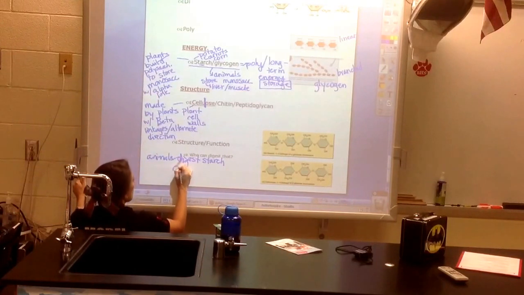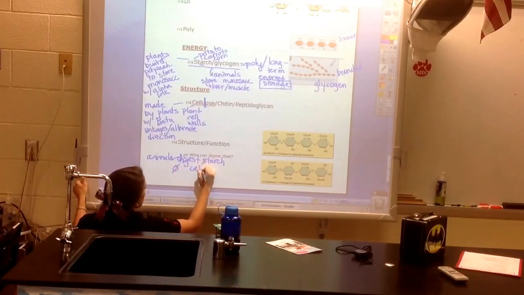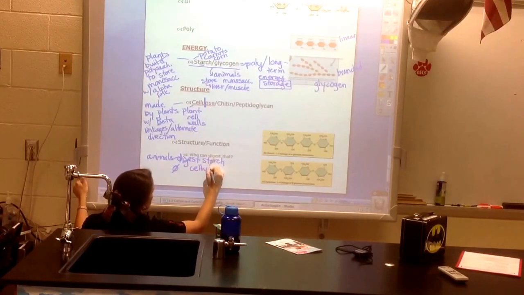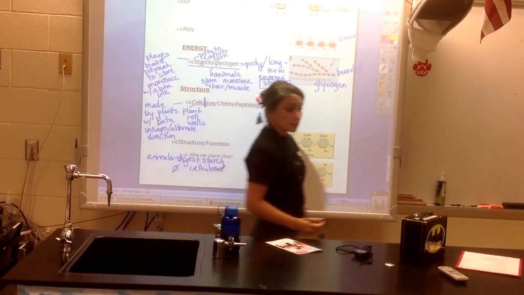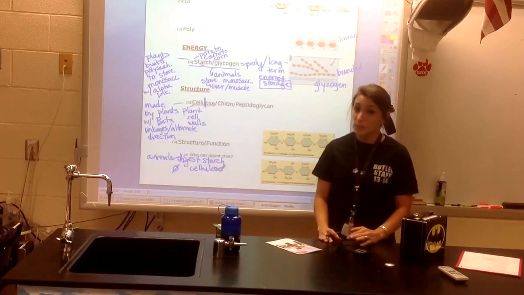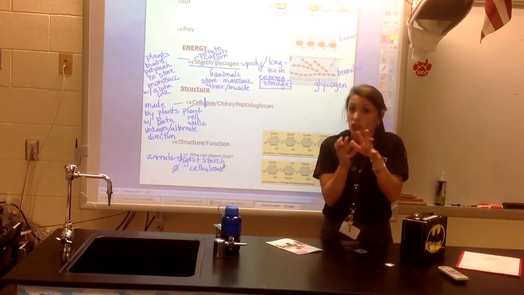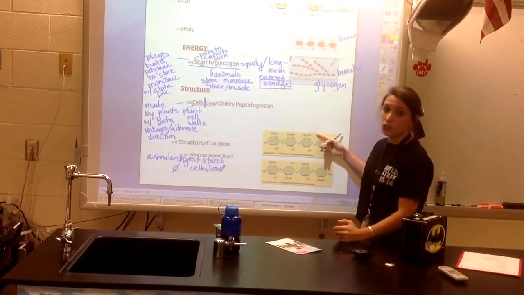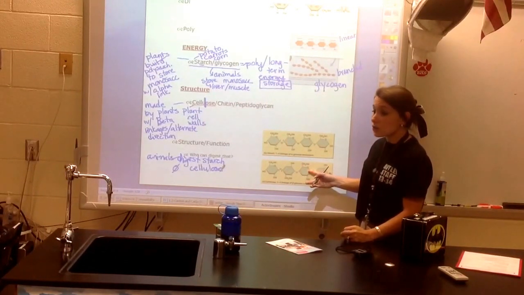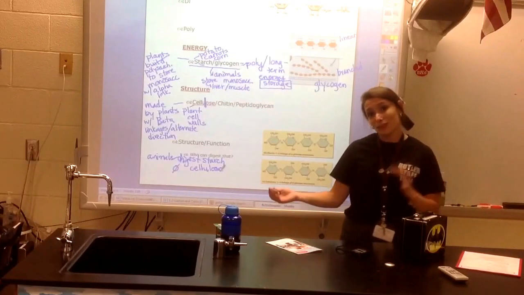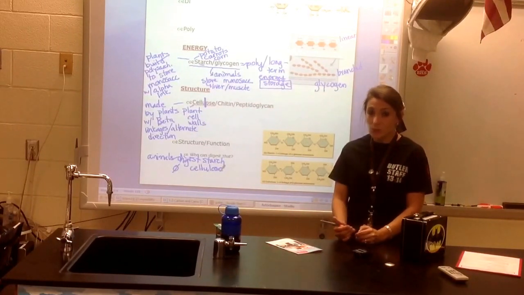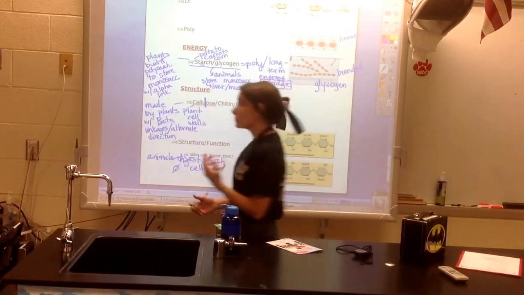But they cannot digest cellulose. And this all has to do with the direction of the linkages. If you remember anything about enzymes, enzymes are specific. They only fit certain shapes. These are actually differently shaped molecules. And so cellulose is a great source of fiber because it passes through the system undigested. Some animals have special adaptations to help them digest.